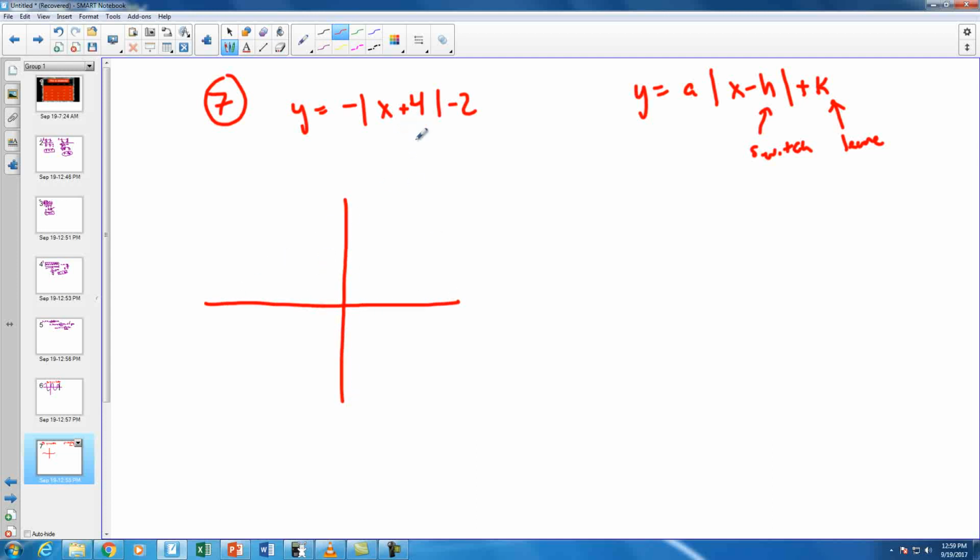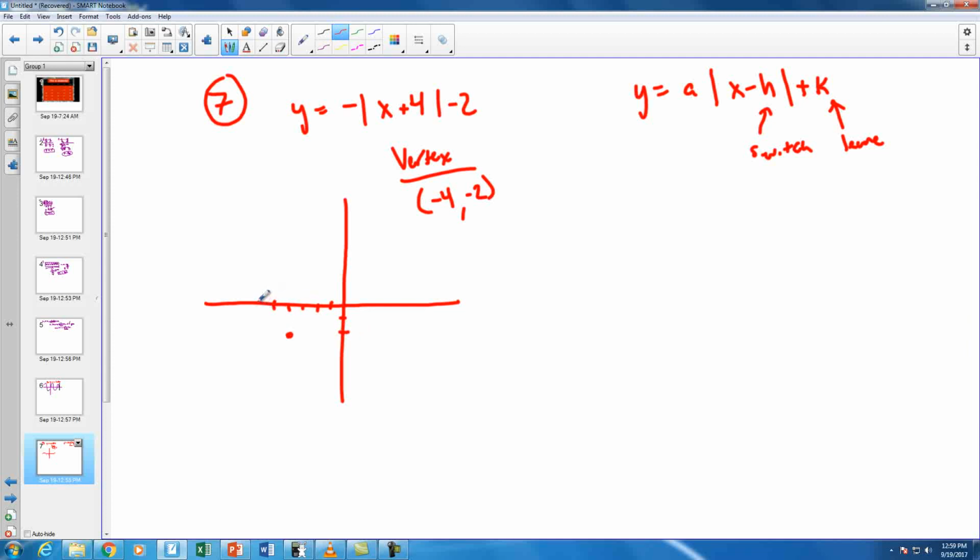In this problem, the vertex exists at the opposite of what's grouped with x. Well, this is a plus 4, so I'm going to use minus 4. And this is a minus 2, and it says to leave it the way it is, so I'm going to take minus 2. That means I go over 1, 2, 3, 4, down 1, 2, put a dot.